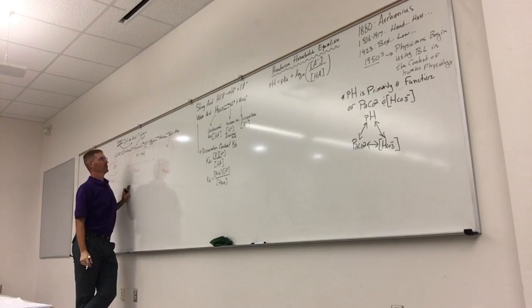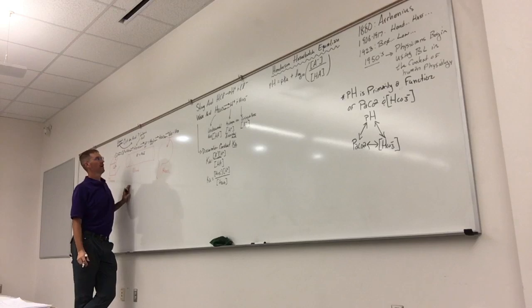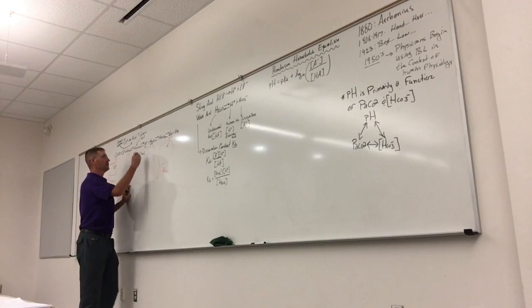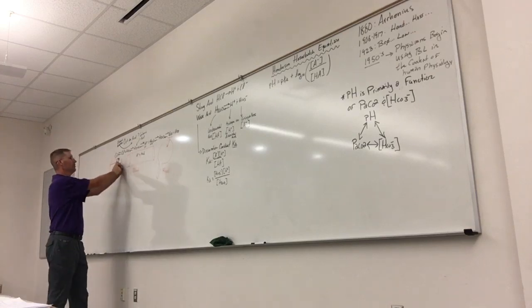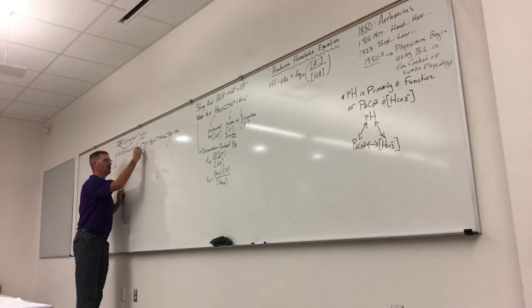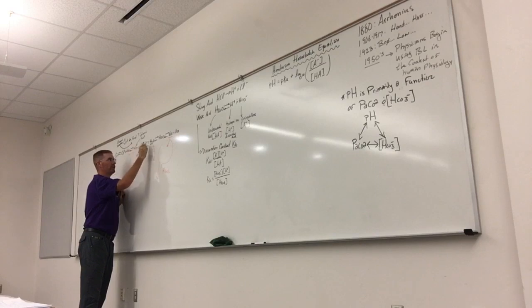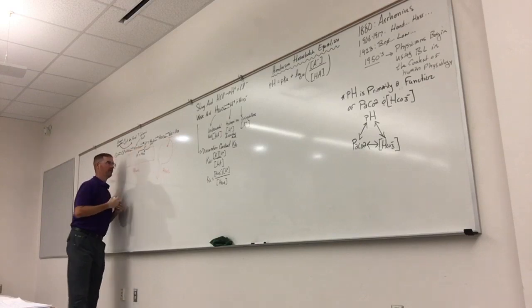Well, let me ask you a question. Will hydrogen ions and bicarbonate ions dissolve in water? Yes. Yeah, they're ions, right? They're charged. They're definitely going to dissolve. And so what happens is the CO2 gets converted into something that will dissolve in the bloodstream, right?